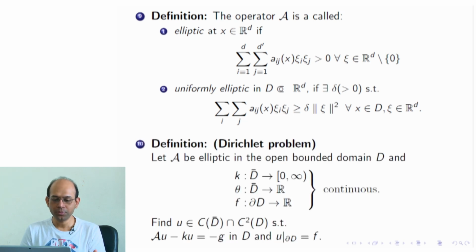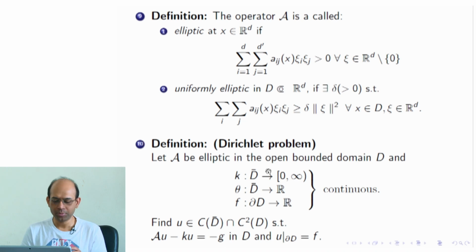Now what is the Dirichlet problem in this general setting? Remember, we have discussed the Dirichlet problem earlier also. We have spent quite some lectures on the solution of the Dirichlet problem, and when you can assure existence of a solution. For the sufficient condition, we looked at the regularity property of the boundary of the domain. Here we are revisiting the Dirichlet problem, because there only the Laplacian operator was considered.